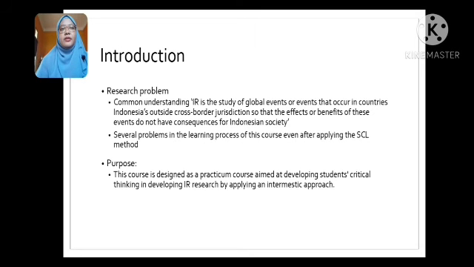Second, the desire to discover new knowledge and insight is still low. Students only depend on the lecture materials. In addition, the results of student learning evaluation are not satisfactory. Even though 90% of students pass this course, only about 36% of students achieve maximum grade or A.